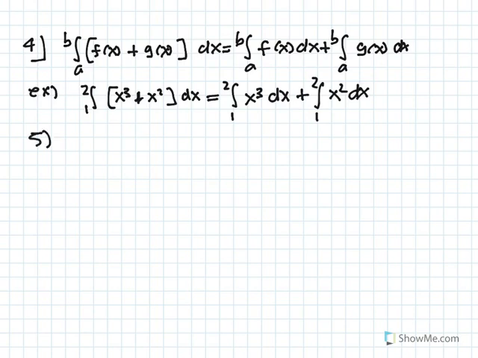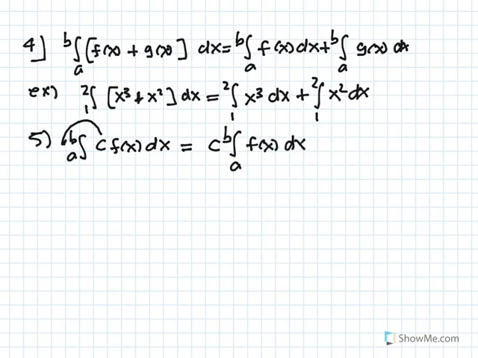Property 5. The integral from a to b of c times f of x dx. The constant passes right through the integral. So we get c times the integral from a to b of f of x dx, where c is any constant. All right, so let's give an example of that.